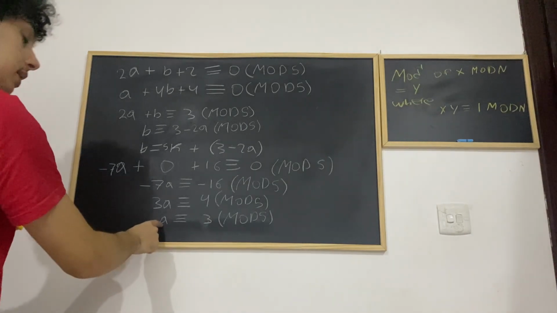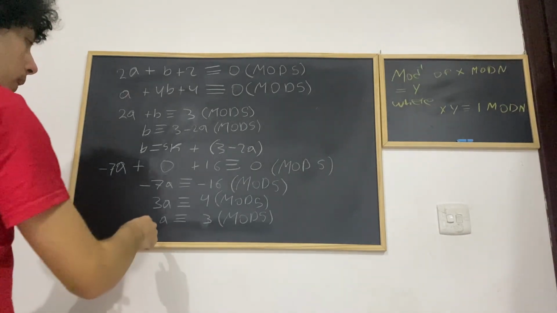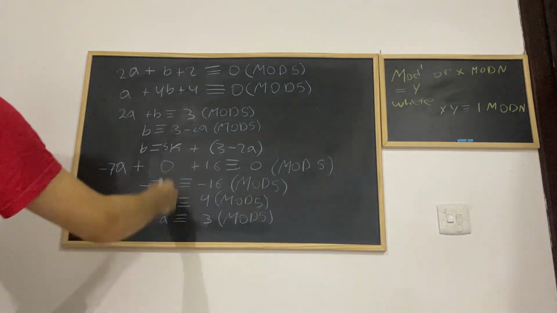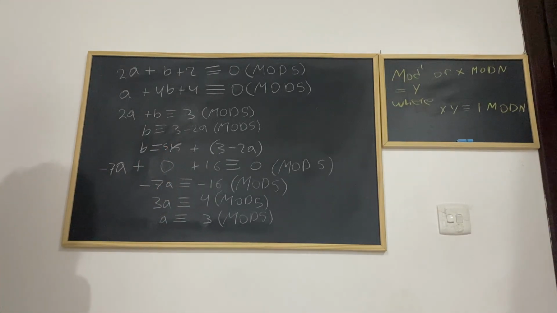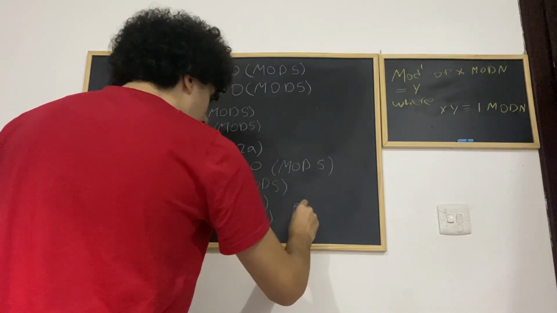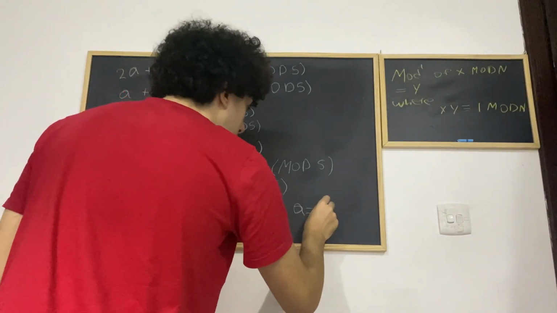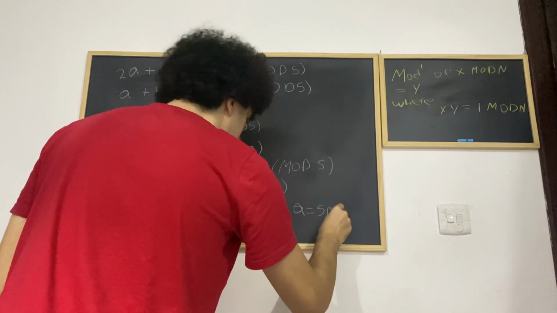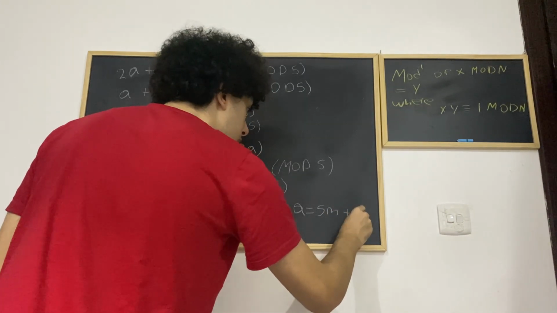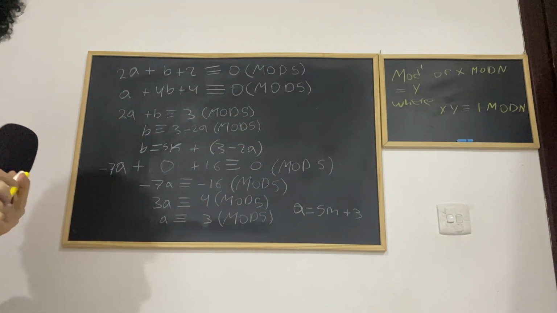And now that a is isolated, we can write an equation for a the same way we wrote an equation for b, can't we? So let's just say a is equal to, instead of k, let's use m, right? So 5m plus the remainder, which is 3. Perfect.